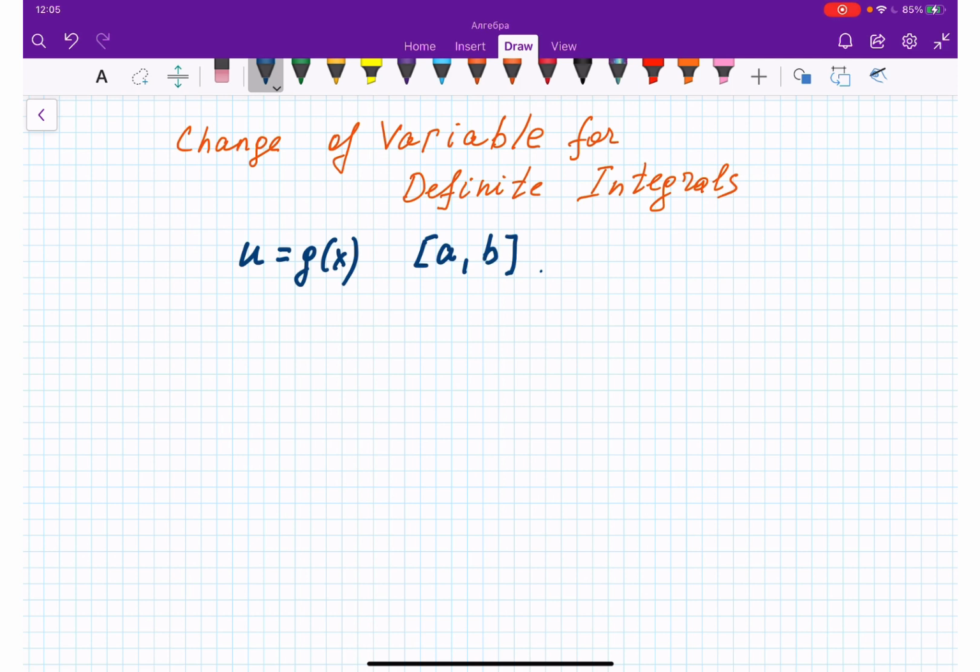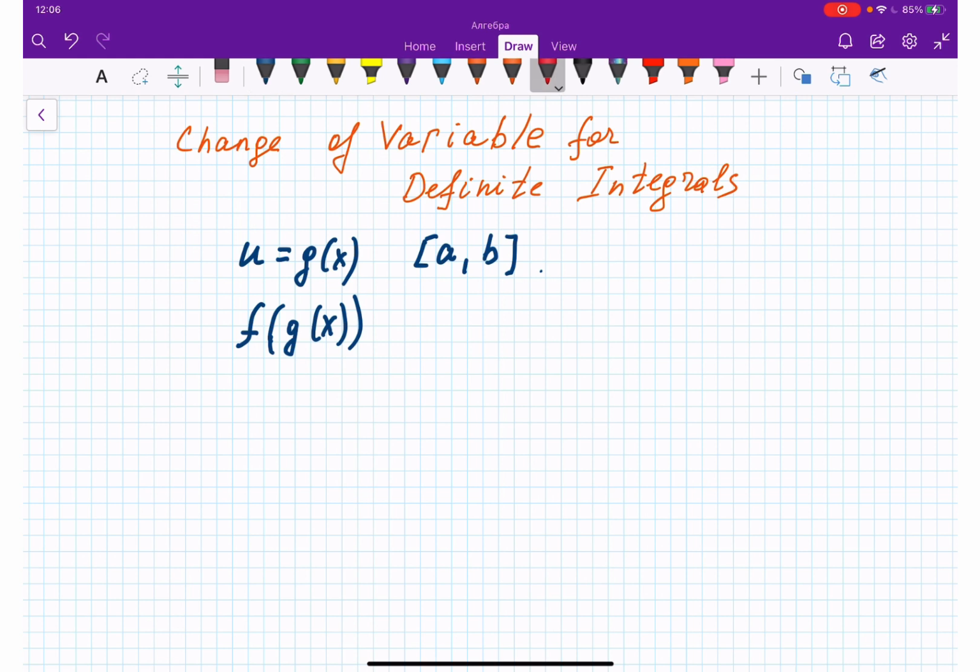And f is continuous on the range of g, which means it's going to be f of g of x. Function f is continuous on the range of g.